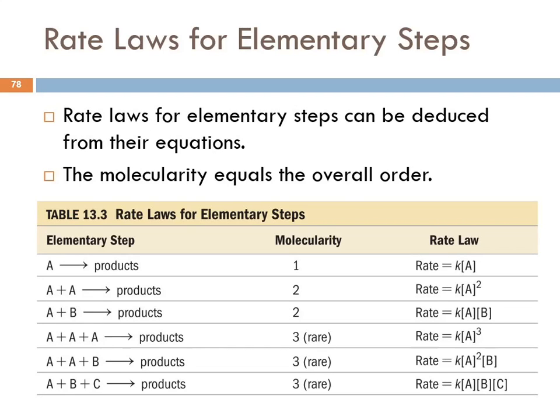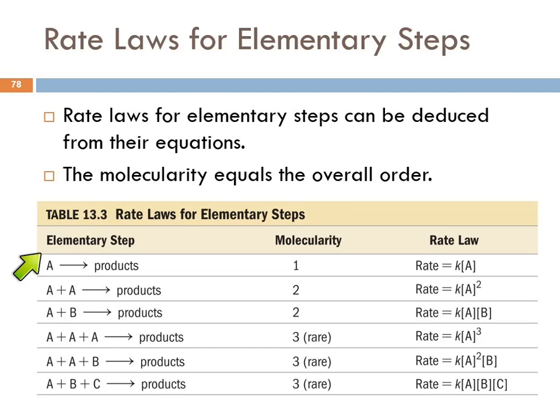The rate law for the overall chemical reaction cannot be figured out just by looking at the equation. But in the elementary steps of a mechanism, you can determine just by looking at the equation for that elementary step. It depends on the molecularity.